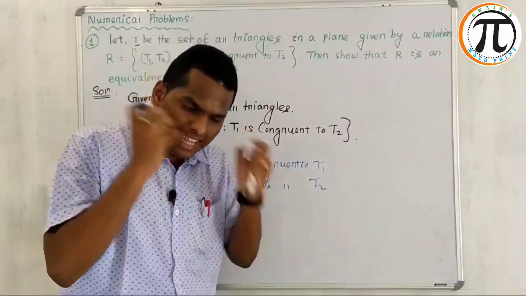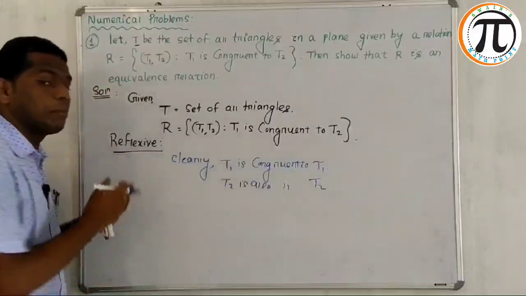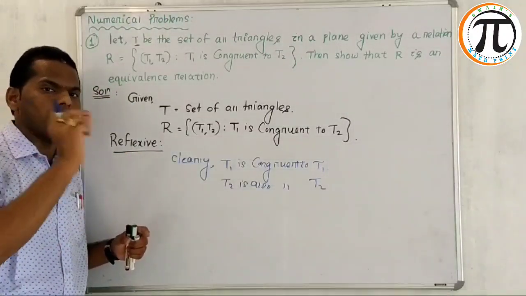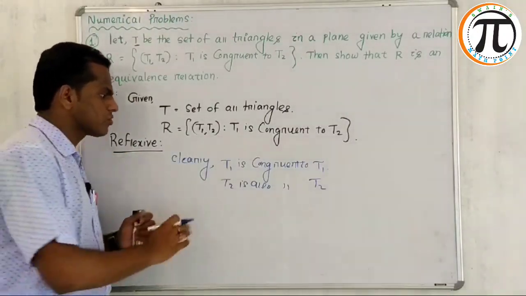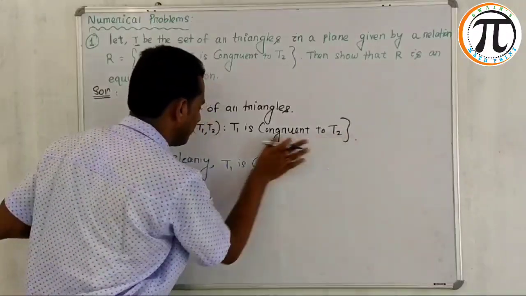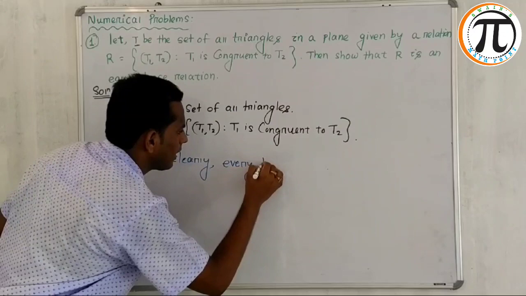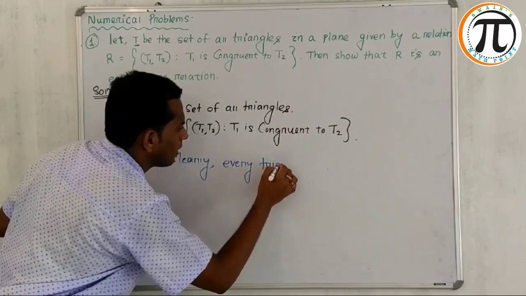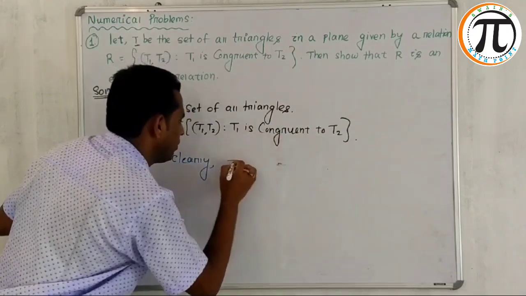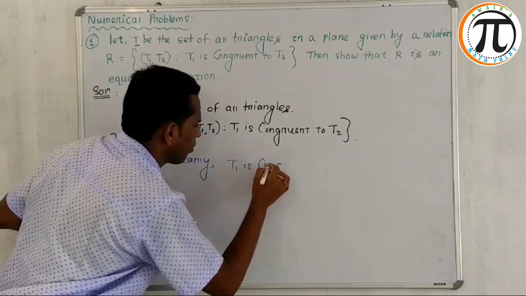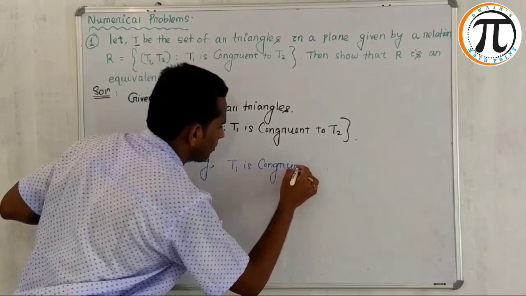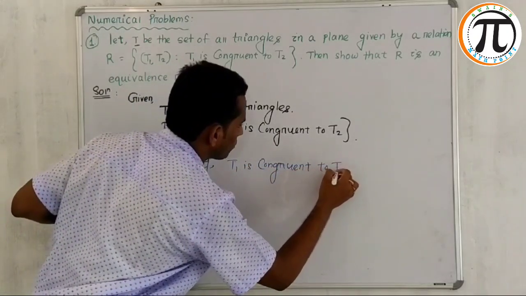Then we can tell the given relation is reflexive, since A must belong to R. So clearly T1 is congruent to T1.